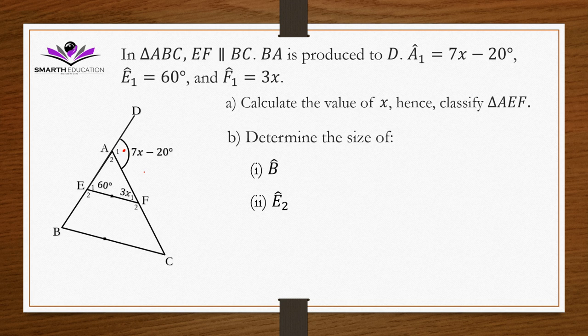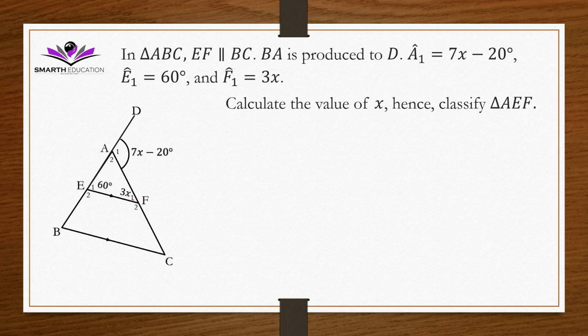And E1 is equal to 60 degrees, and F1 is equal to 3x. Now calculate the value of x, hence classify triangle AEF, and then determine the size of B and E2. Let's try to do that, and after a few minutes, you can continue and check the solutions.